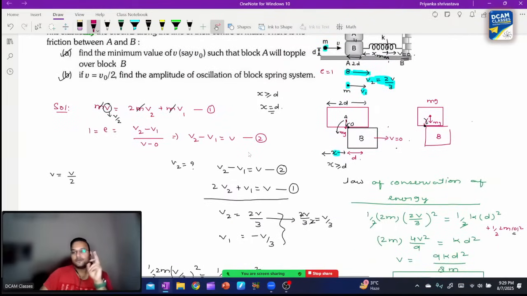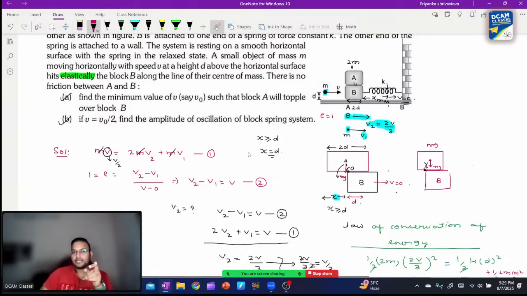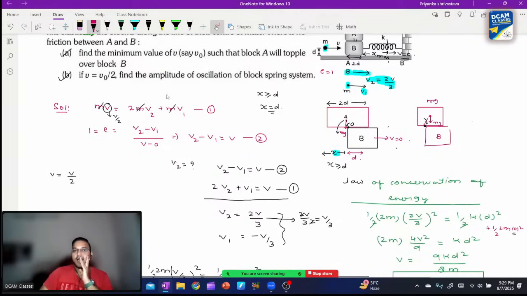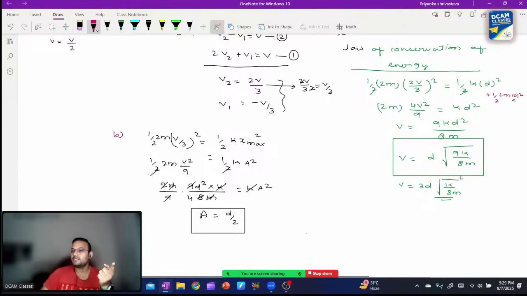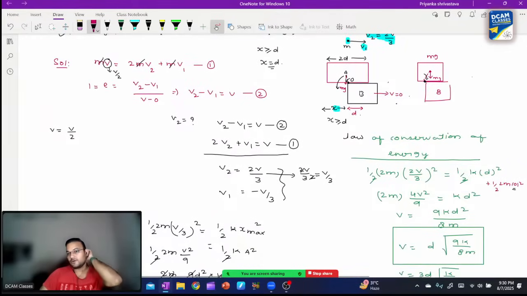See, I will now say what is the flaw in this question. There is a flaw in this question. Actually, they have said the block will topple. For that, I have tried to find the toppling distance, the toppling velocity, the velocity v, so that it will topple.